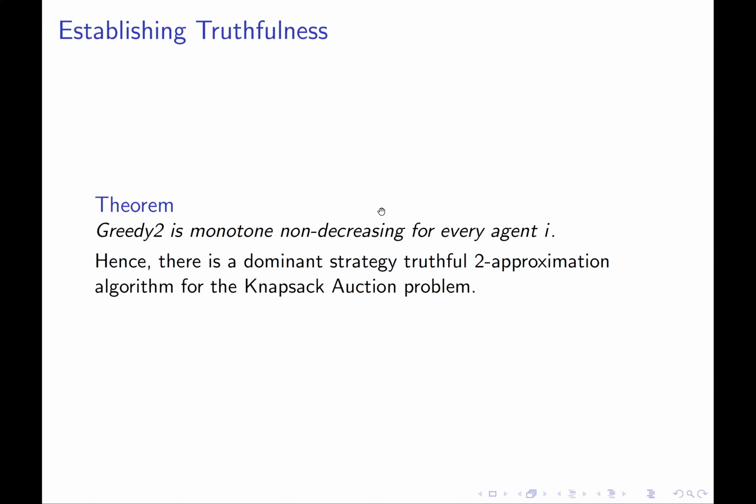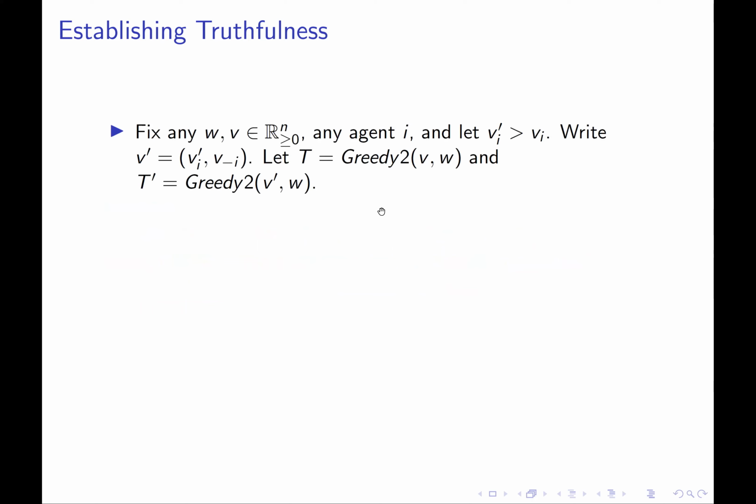Okay, so let's just finish this off. First, let's fix some notation. For any instance of the problem, for any vector of weights, and for any vector of valuations for all of the bidders, and for any agent I, and for any misreport VI prime that agent I might consider reporting, where VI prime is bigger than VI, I want to write V prime just for the vector of valuations that results if bidder I unilaterally misreports VI prime.